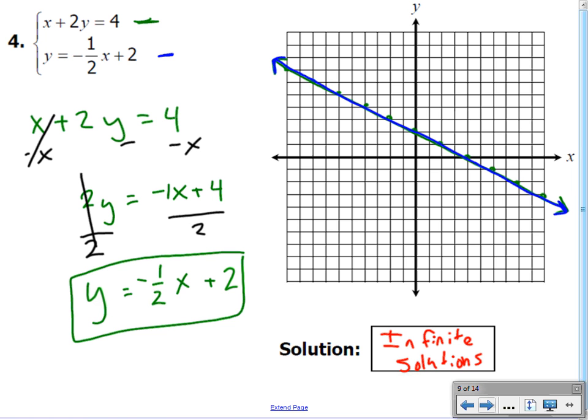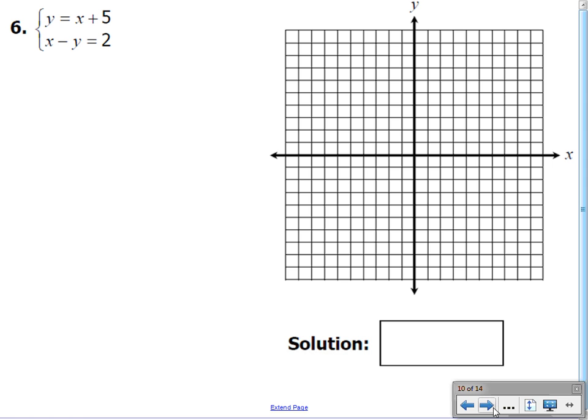All right, one more example. So again, one of our equations is already in slope-intercept form, but our bottom equation this time, we need to get into slope-intercept form before we can graph. So let's rewrite it. And then to get it into slope-intercept form, we're getting y by itself. So we need to subtract x.